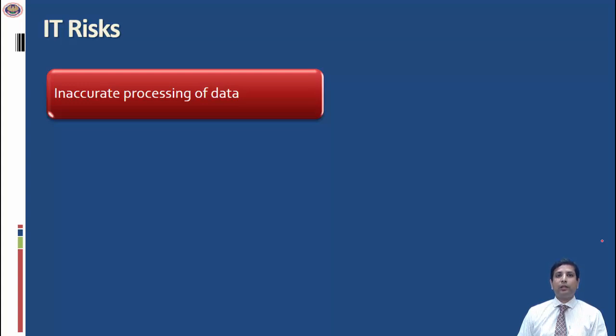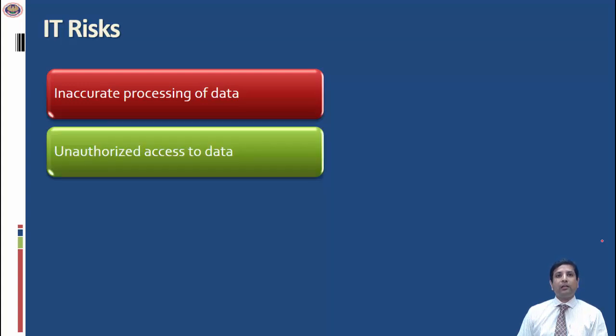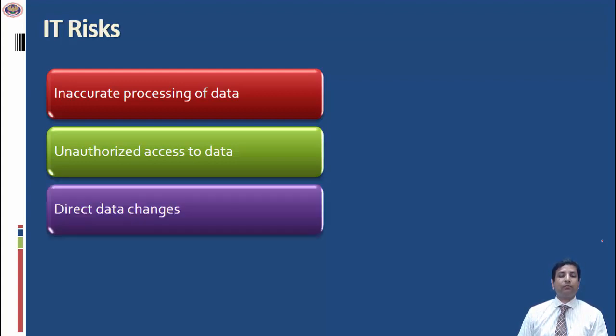So this is one risk which is related to IT or specific to the use of IT systems. The other risk could be unauthorized access to data. So people who are not supposed to be having access to data within a system may be provided access or may get access to modify, create, or change the data. This is one form of risk.